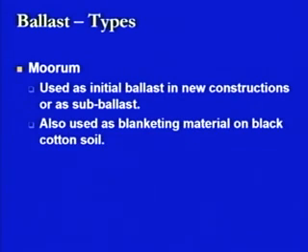Another specific case of muram is using it as a blanket material on black cotton soil. In a large amount of area where railway tracks have been provided, black cotton soil is available as the formation level. The problem with black cotton soil is that as soon as it takes moisture, it will swell, whereas if the moisture is removed, it will come into a squeezed condition.